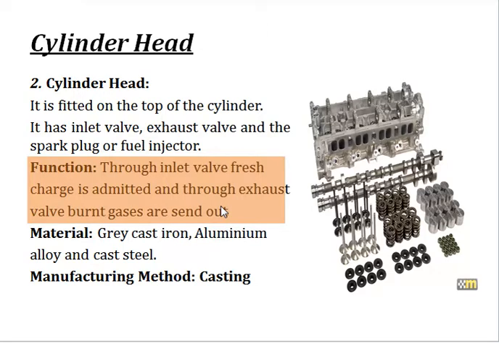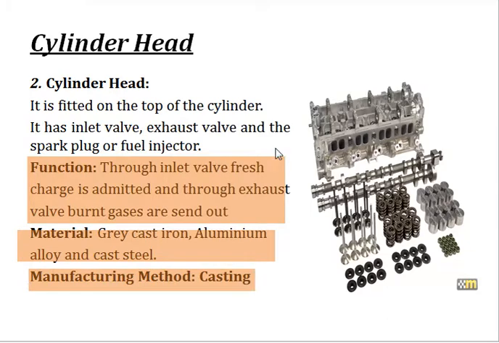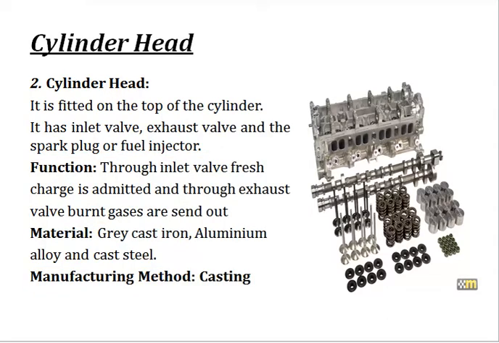It is very similar to the cylinder block: grey cast iron and aluminum alloy, and in some cases cast steel. The manufacturing method is casting. Generally the casting method is used to produce cylinder heads.